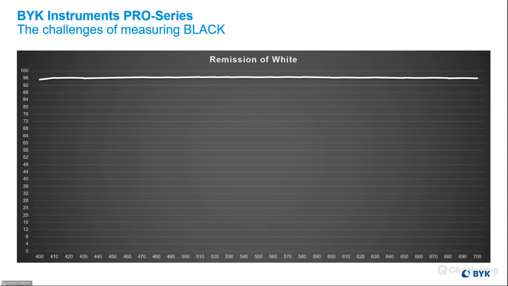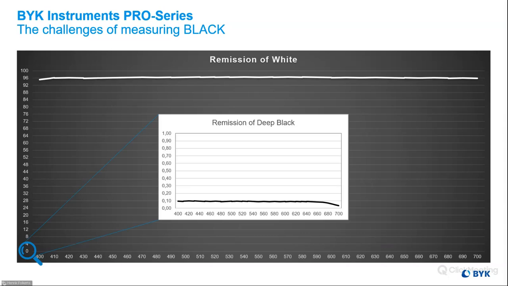So I can't show a deep black curve in the same resolution. So here we need a magnifier. And now here you see a spectral curve of a deepest black. But to show what disturbs this low signal, I need a magnifier again.